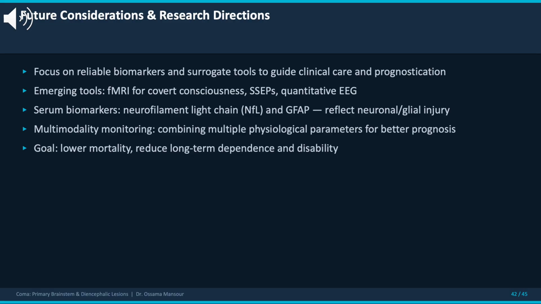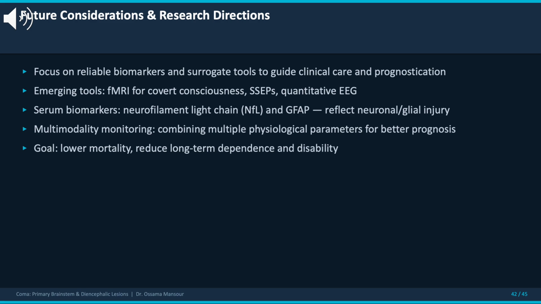However, the reality is that there's a remarkably broad range of pathologies that can cause or contribute to the comatose state, and the heterogeneity of these conditions makes it difficult to standardize management protocols or predict outcomes with confidence across all etiologies.